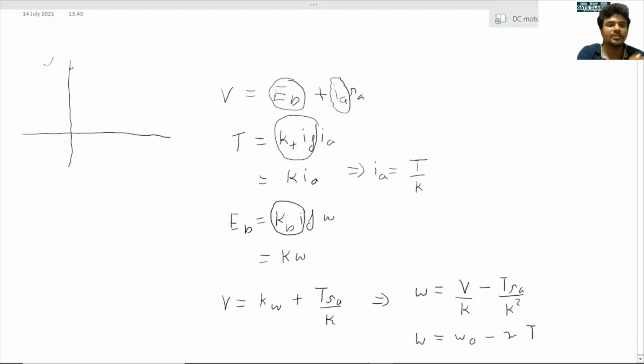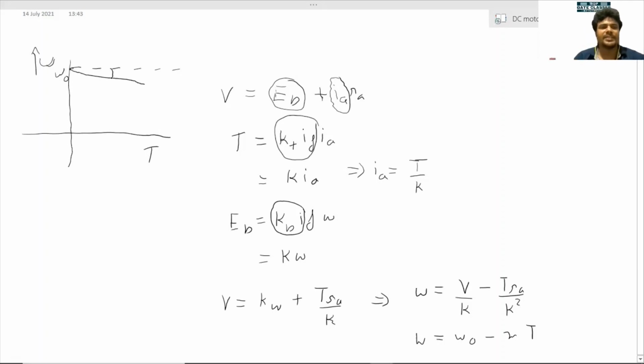So if this is the axis of omega, and if plotted versus t, this will be a straight line with m as the slope. So here tan theta will be m. The slope of the line is m, which is Ra by K square.